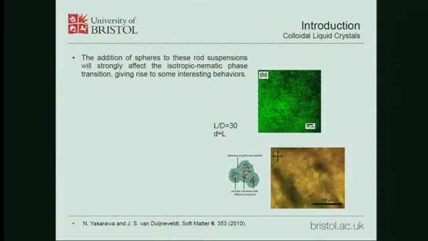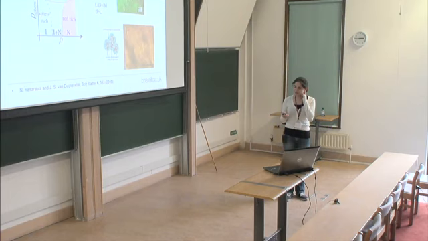That is a network where we think the rods are in a nematic phase surrounded by the spheres. As I told you, these systems, depending on the concentration, behave in a funny way. So we want to see how these phases behave depending on the concentrations of the rods and the spheres, and we want to try to find where these different phases are.